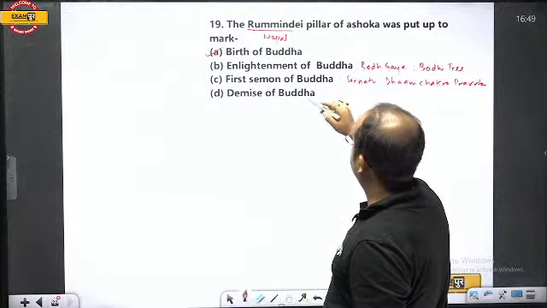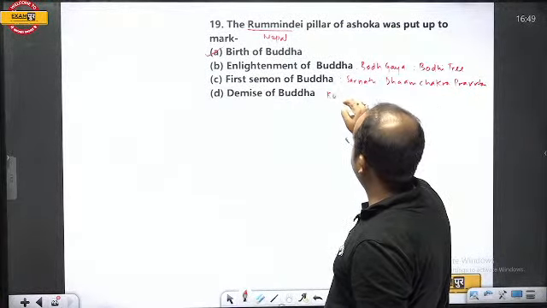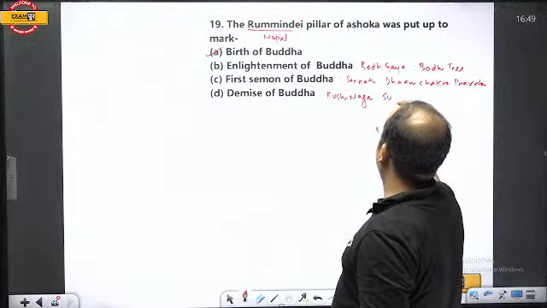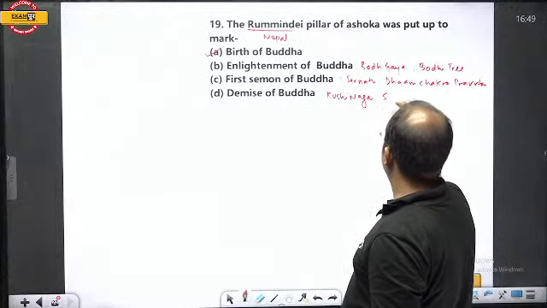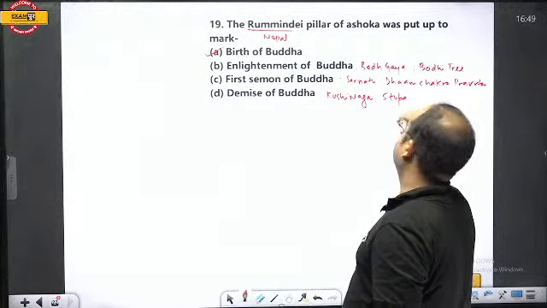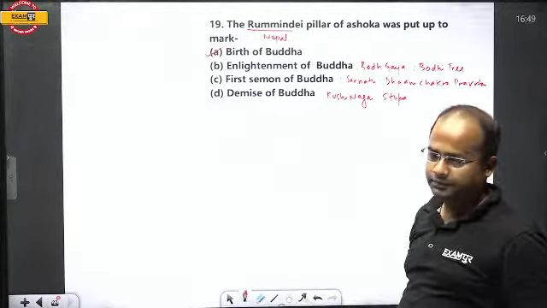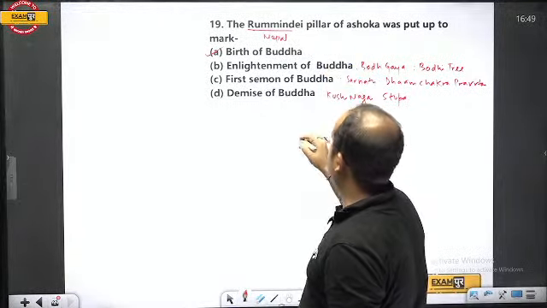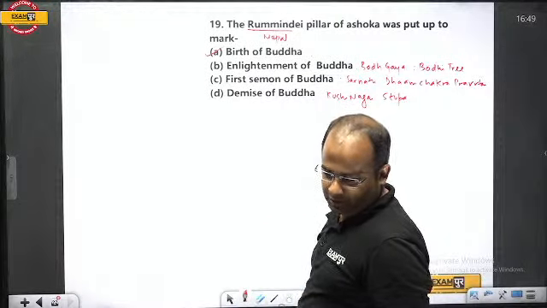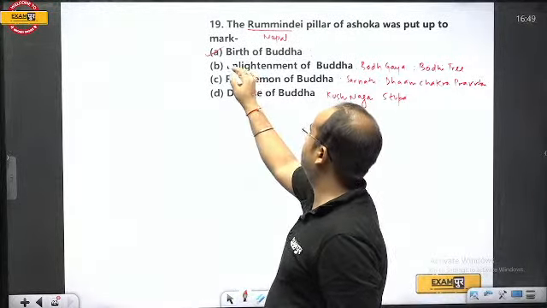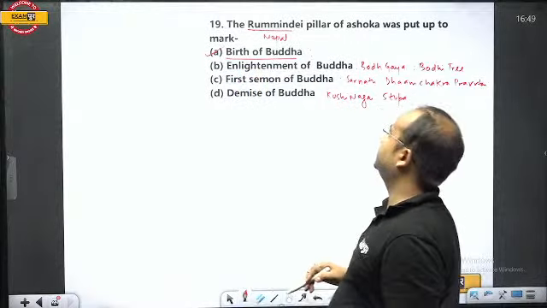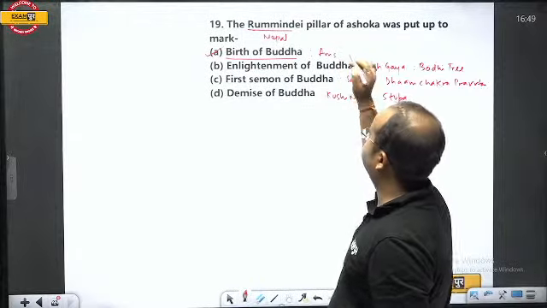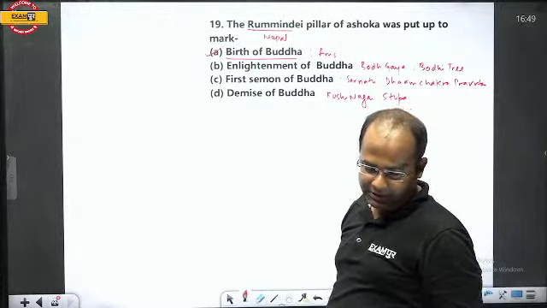The demise of Buddha is in Kushinagar, and the symbol is the stupa. Elephant defines the conceiving of Buddha. So the correct answer, guys, is the birth of Buddha, which is defined through the Rumindei pillar inscription. The correct answer will be option A.